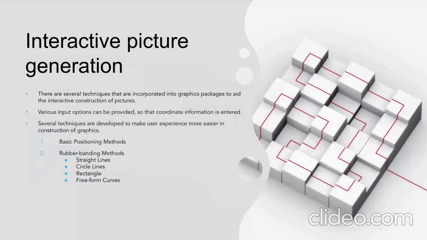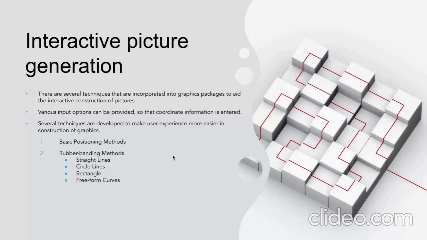Now, picture generation. Graphic packages incorporate various techniques to facilitate interactive construction of pictures. These techniques provide different input options for entering coordinate information, making the user experience and graphic construction more accessible. So we will explore the following basic positioning methods, and there are two major categories.